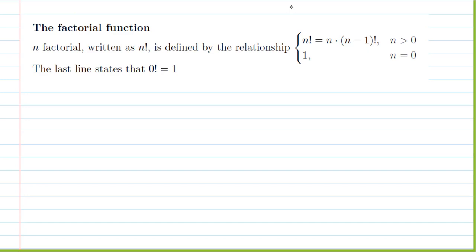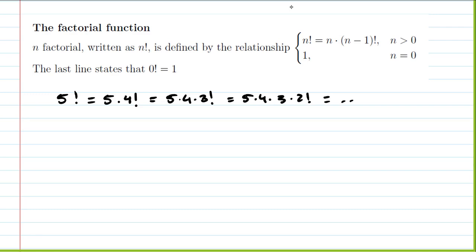So when we say, for instance, 5 factorial, it's telling us that 5 factorial is the same as 5 times 4 factorial, because it says n factorial is equal to n times n minus 1 factorial. But then 4 factorial would be the same as 4 times 3 factorial, and 3 factorial would be the same as 3 times 2 factorial.